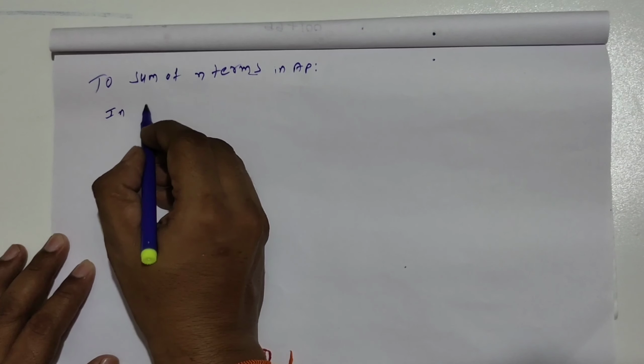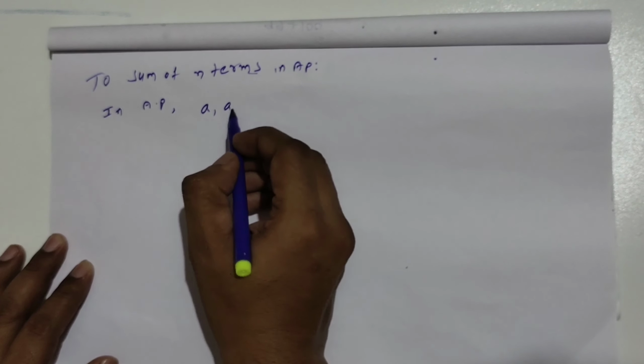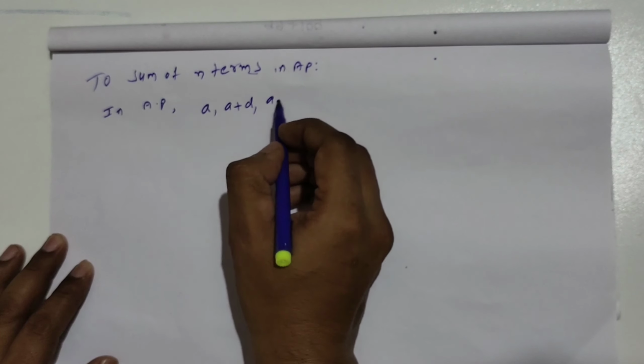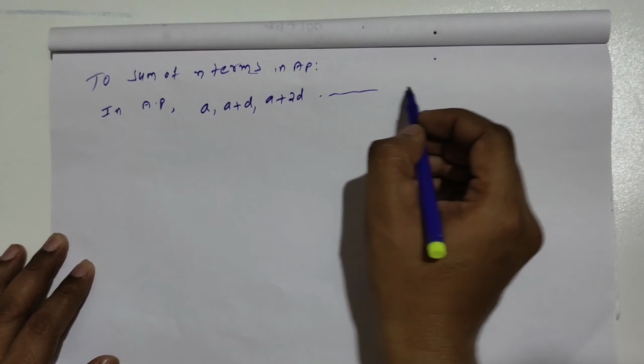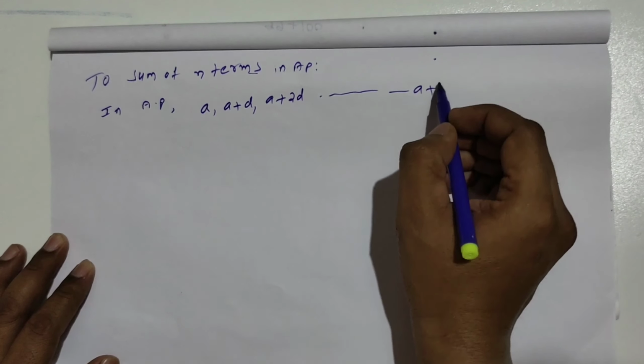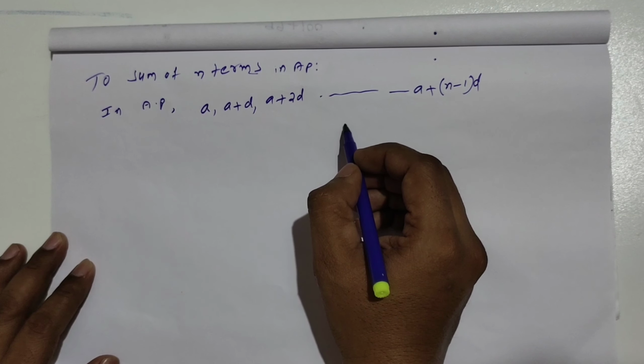In an AP we have in general a, a plus d, a plus 2d, and so on, up to the nth term, which as we know already is a plus n minus 1 into d.